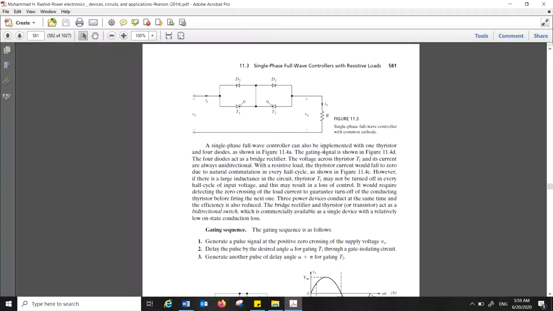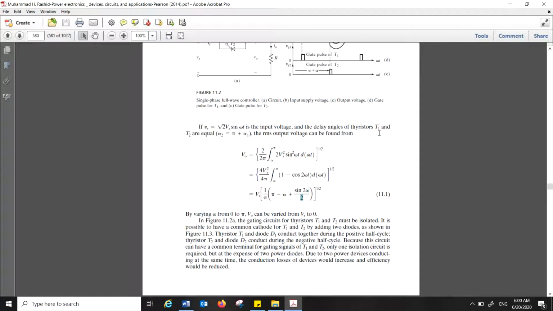And a negative pulse will take this way. It's a common single phase full wave controller with a common cathode.